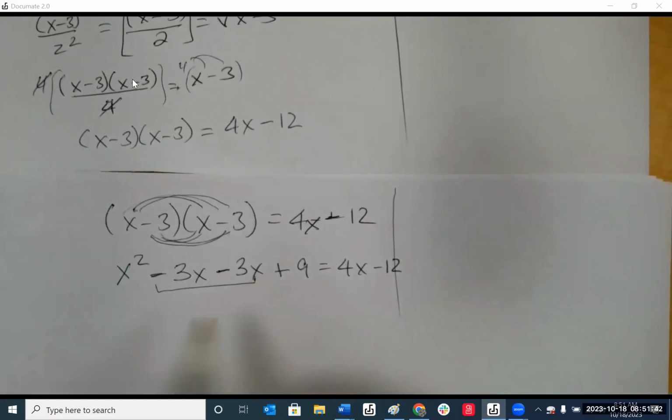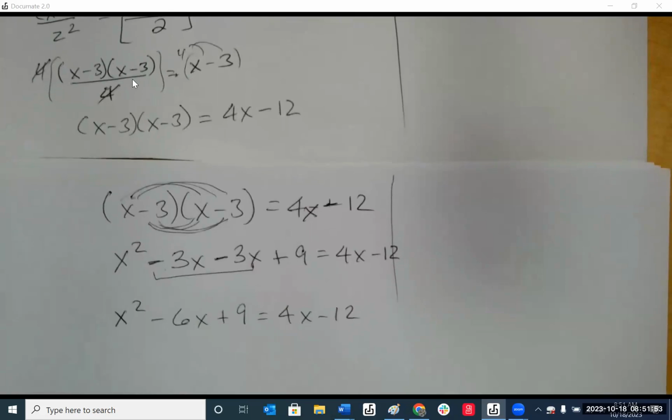Combine like terms. -3 -3 is -6. So now what do I do? Well, since it's quadratic, I have to consider it equal to 0.